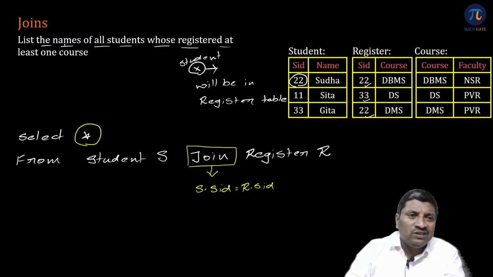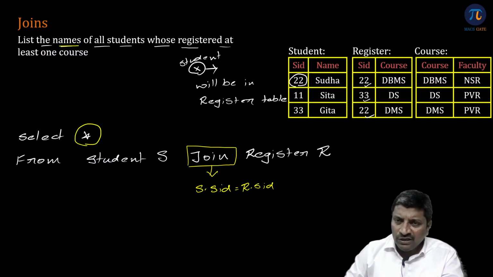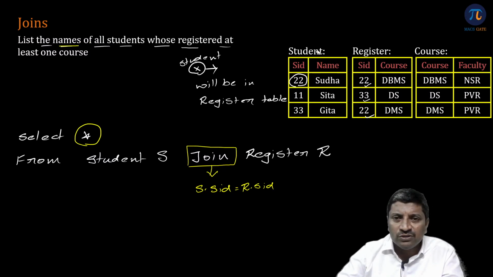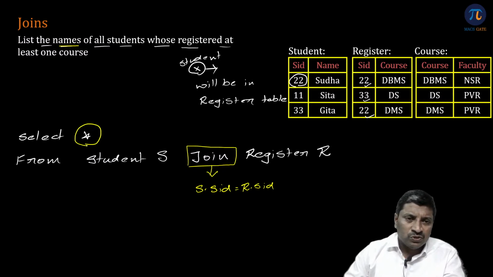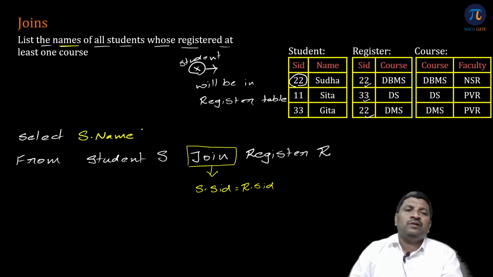No, I need only the names of students, right? Name is present in which table? Student. So instead of writing star, here we write S dot name, right?